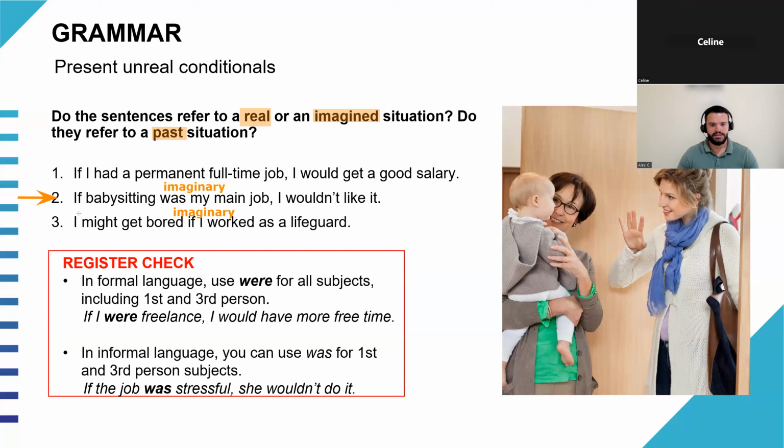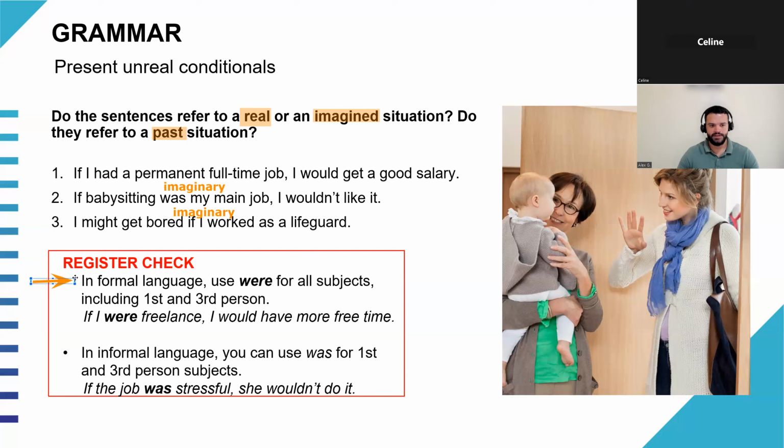All right. Let's take a look at the structure. The structure that we have, Celine, is going to be if plus the past of the verb, okay? So if I had, if I was, if I worked. So always if plus the past form, okay?